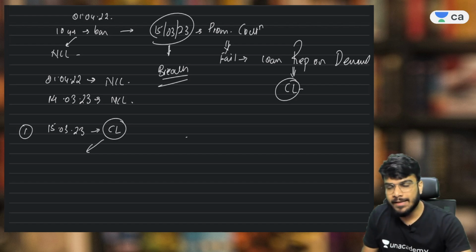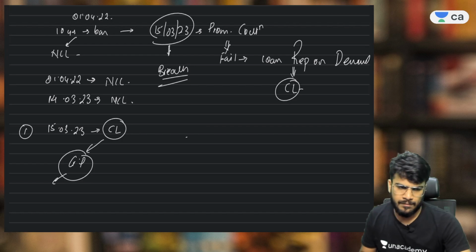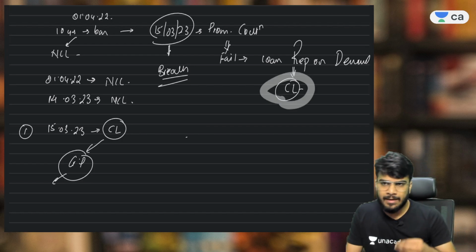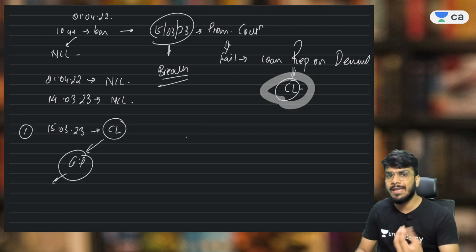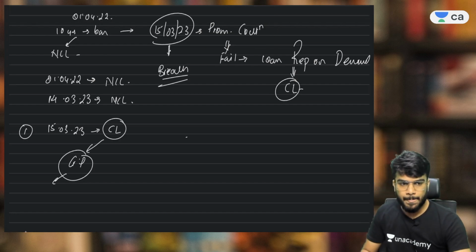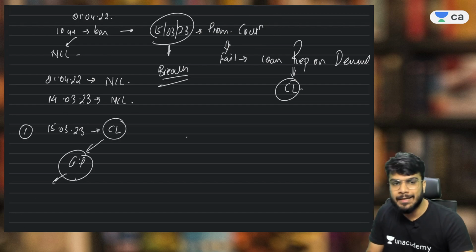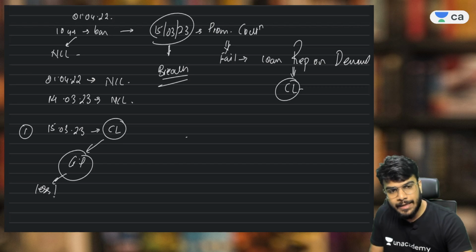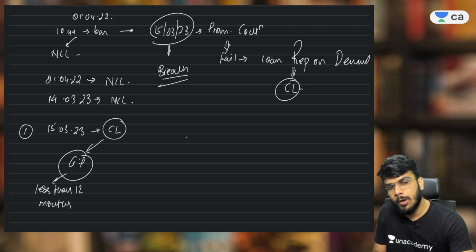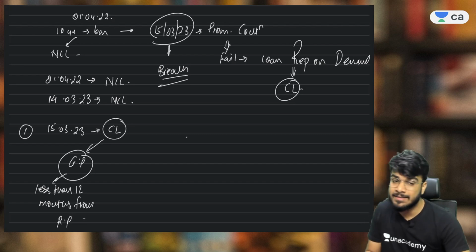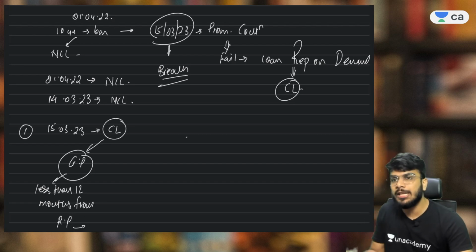Now, let's say once we breach, we ask for a grace period from the bank, right? Let's say we ask that please, bank, allow us some time so that we can get this promoter's contribution. So let's say the bank grants you a grace period of less than 12 months from the reporting period. So if we count from the year end, we are getting a grace period but it is less than 12 months. So in that case, on year end, should the loan be classified as current or non-current?